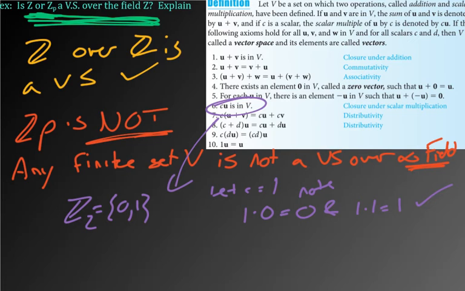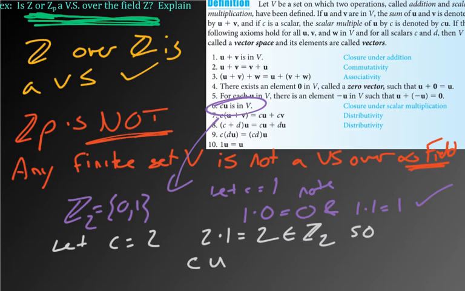But this is the issue. If you let C be anything beyond the elements of ZP, so do like 2, okay? 2 times 1 is now equal to 2. This is like the normal multiplication here. And this thing is not an element of Z2. So C times the vector is not an element of the vector space, right? Which is what it says right here needs to happen.